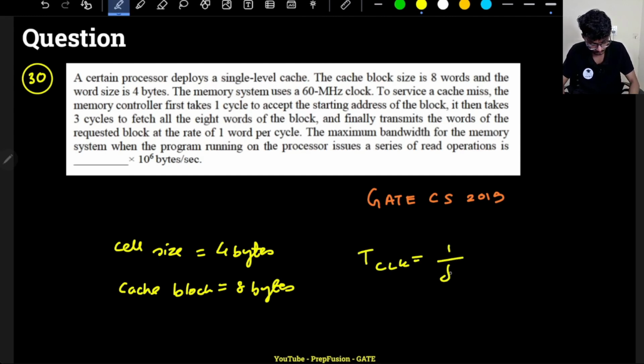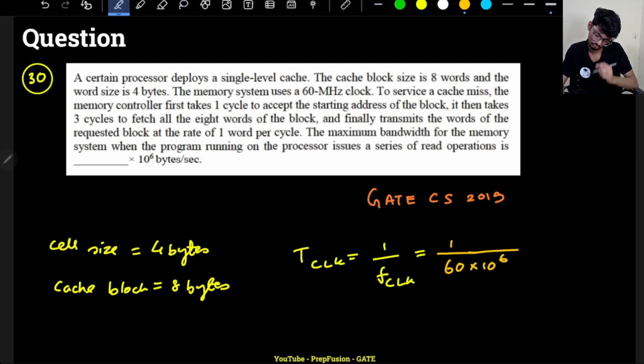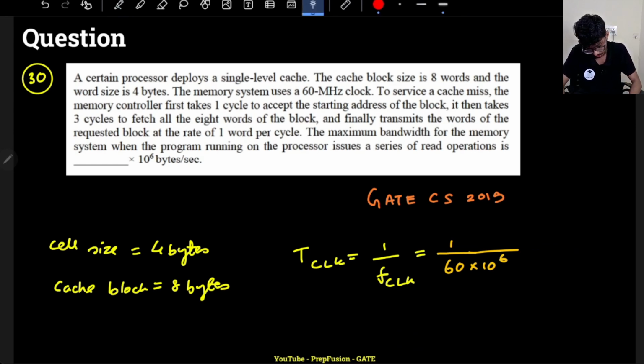T clock will be 1 by F clock, so it will be 1 by 60 into 10 raised to the power 6. This is the T clock.